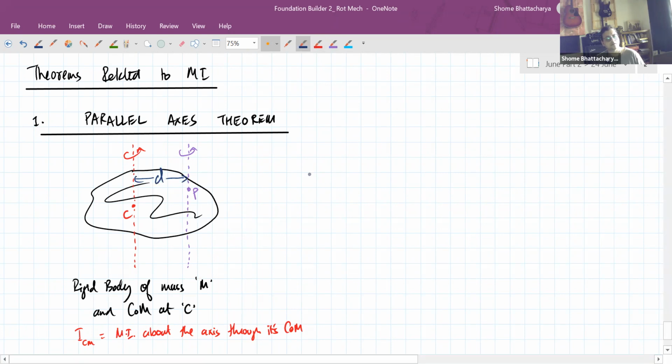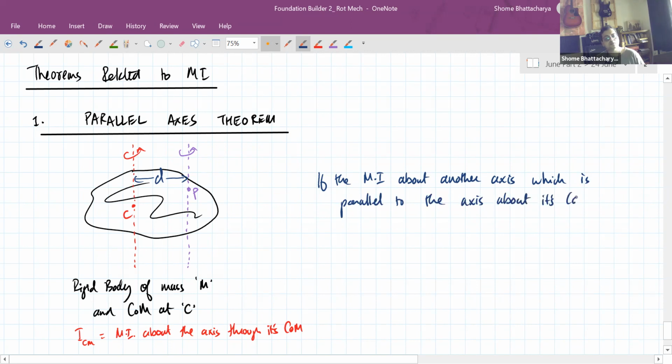So now, if the moment of inertia about another axis, which is parallel to the axis about its center of mass, is given by IP, then according to the statement of the theorem, IP will be equal to ICM plus MD square.